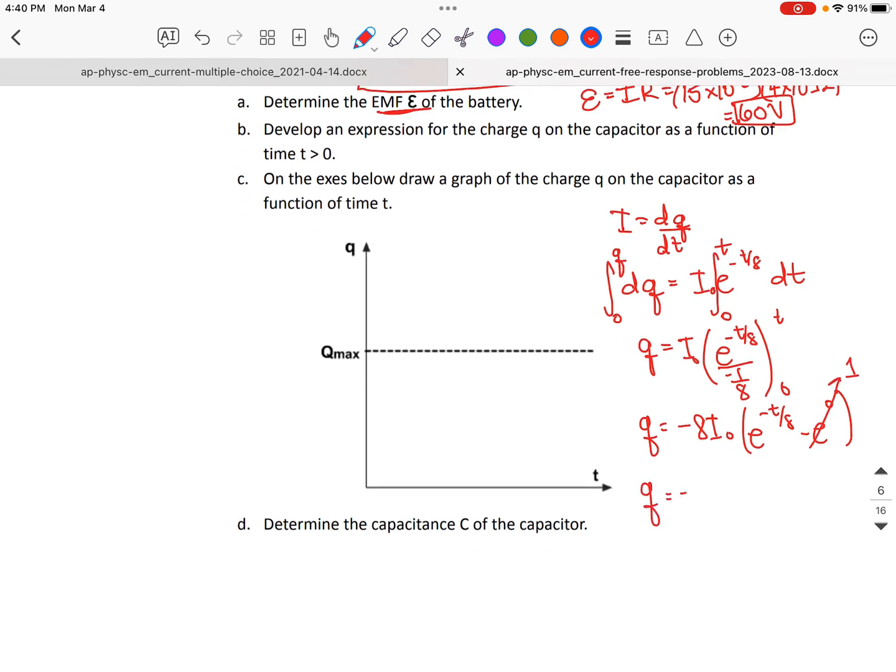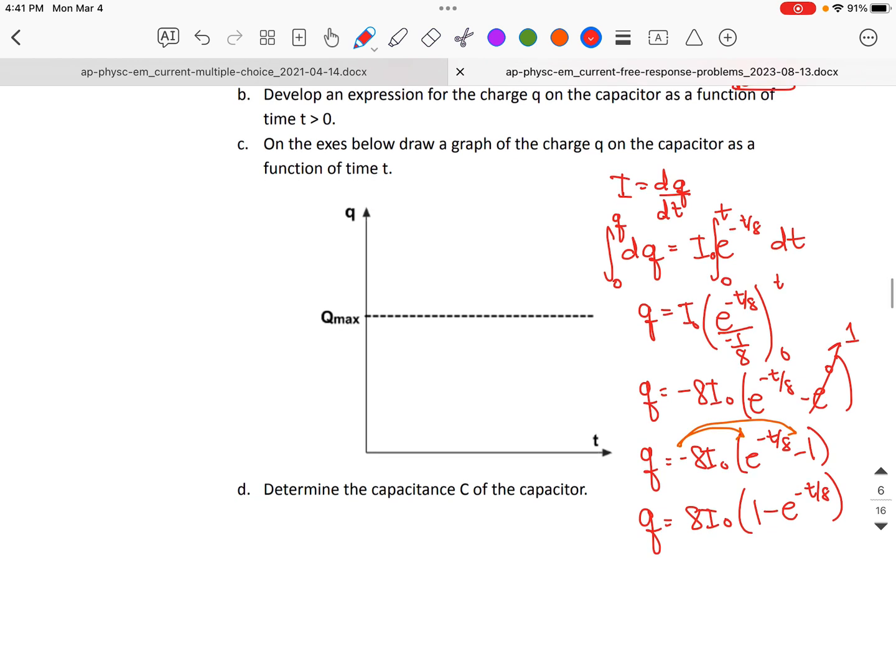So I get q is equal to negative 8 I naught times e to the negative t over 8 minus 1. This is our final equation, although we can clean it up a little bit. If I take my negative and distribute it to each part of my function, then I can get rid of the negative in the front. And q is equal to 8 I naught times 1 minus e to the negative t over 8.